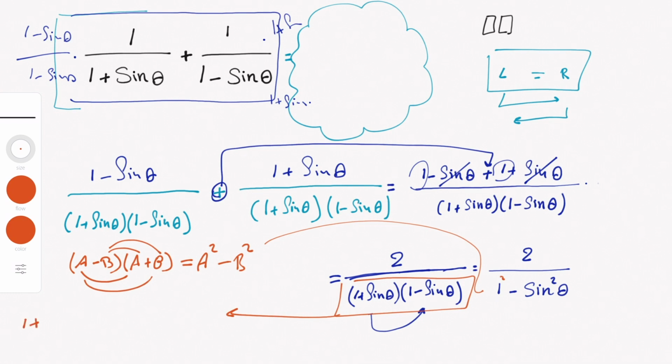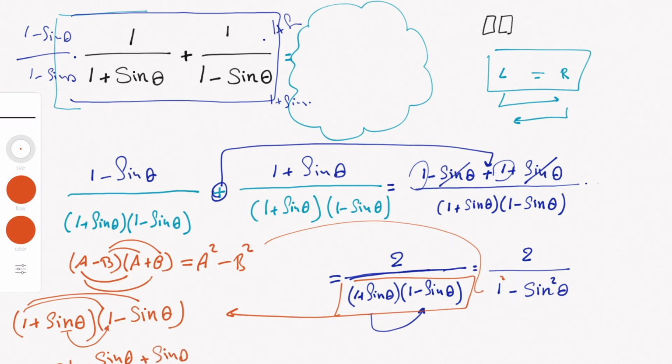So 1 plus sine theta times 1 minus sine of theta. 1 times 1 is 1. 1 times negative sine theta is negative sine of theta. Sine theta times 1 is positive sine theta. Sine theta times negative sine theta is negative sine squared theta. These two will go. We end up having 1 minus sine squared theta, which is here.